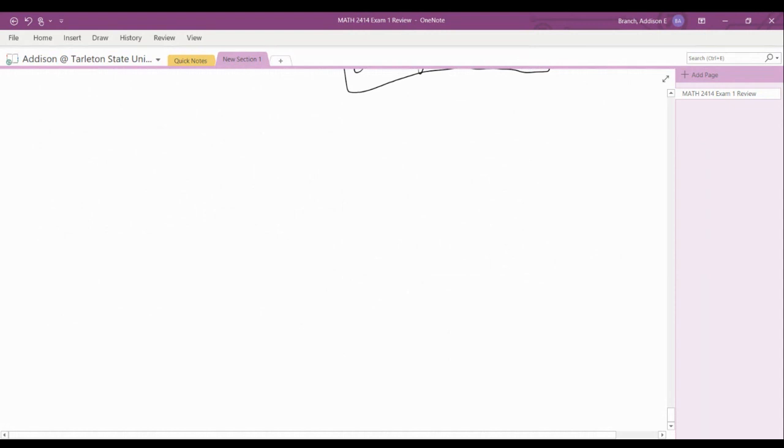Real quickly, I just want to mention the comparison theorems. So this is essentially if we have some function f of x, which is bigger than another function g of x, which is bigger than 0. The way it's stated is typically just for a type 1, but you can use this for any type.